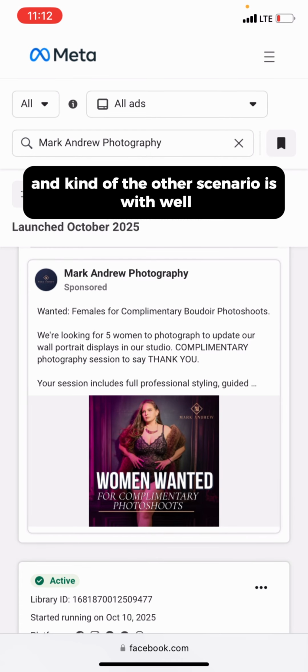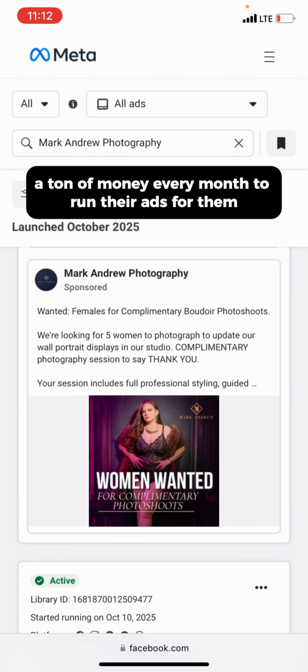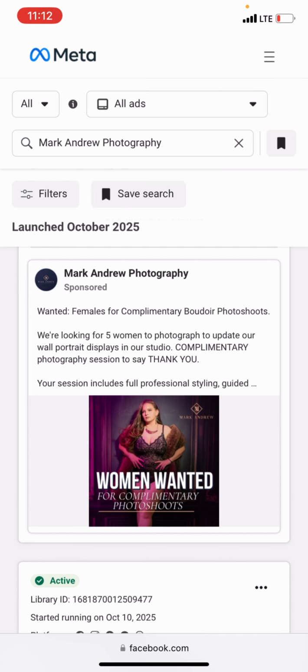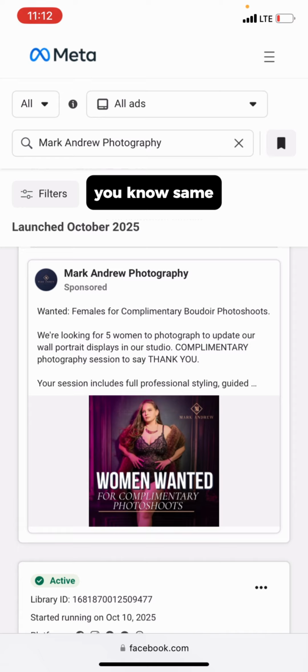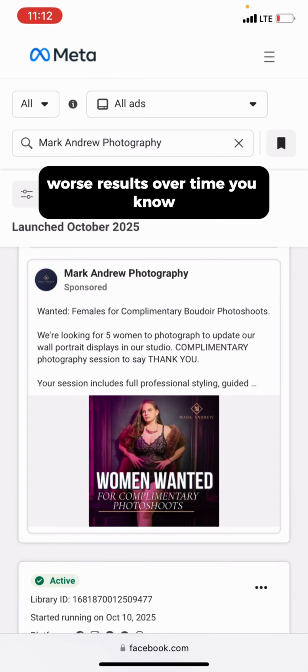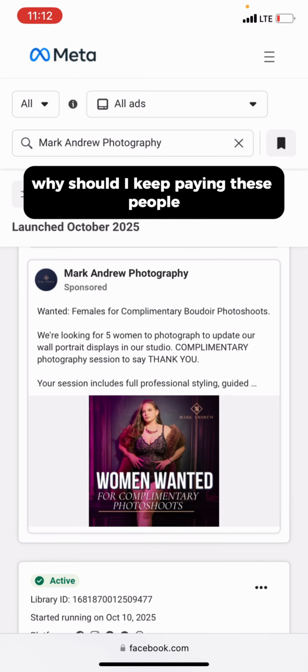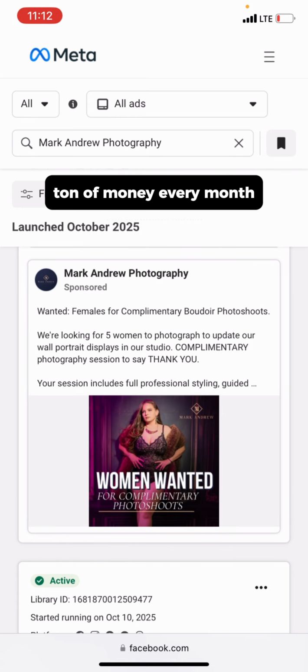And the other scenario is boudoir photographers paying an ad agency a ton of money every month to run their ads for them. But it's the same agency fee every month, same ad spend every month, and getting worse and worse results over time, month after month. So they're like, man, why should I keep paying these people a ton of money every month?